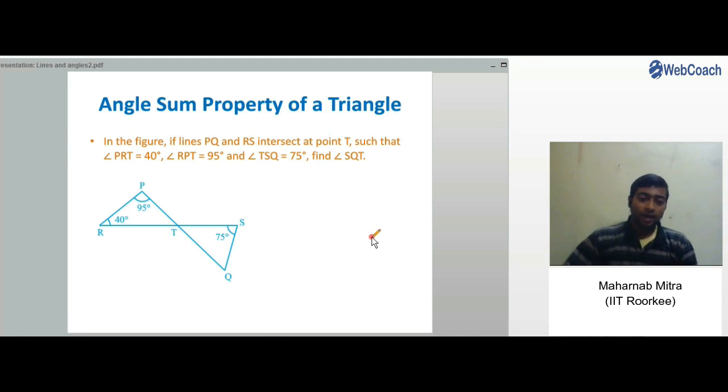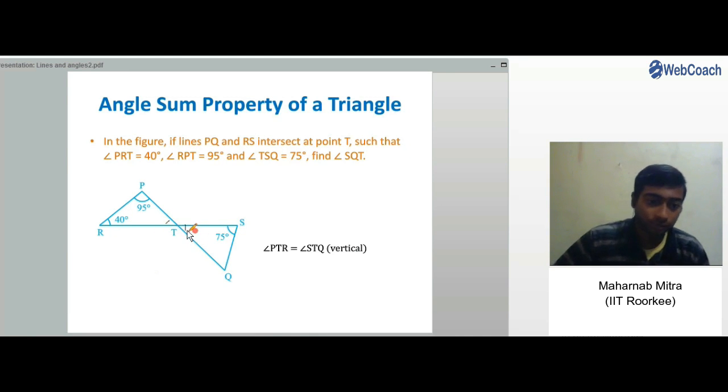Find angle SQT, which is this one. We have to find these angles when these values are given. Now how do we proceed? You can see these two angles are vertically opposite to each other, so these two angles must be equal, right?